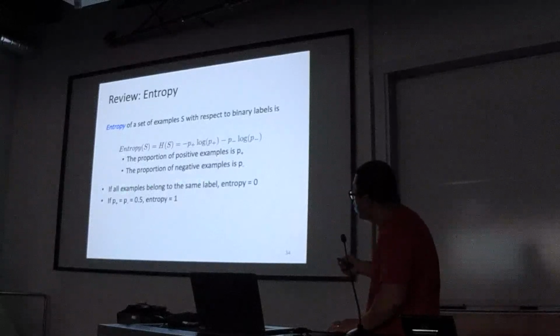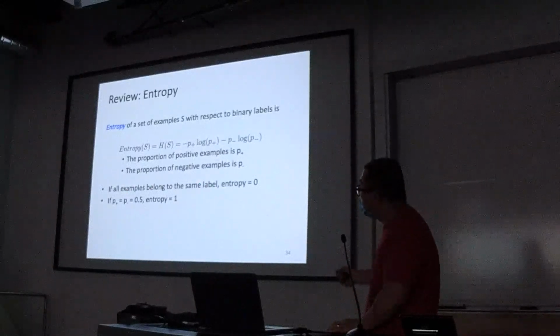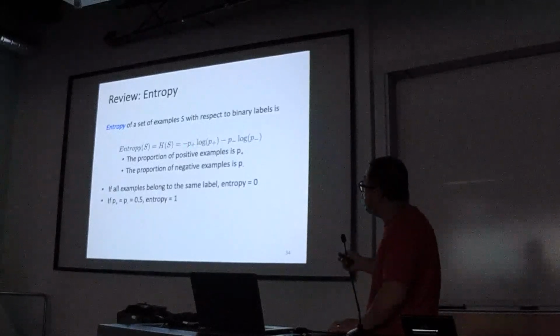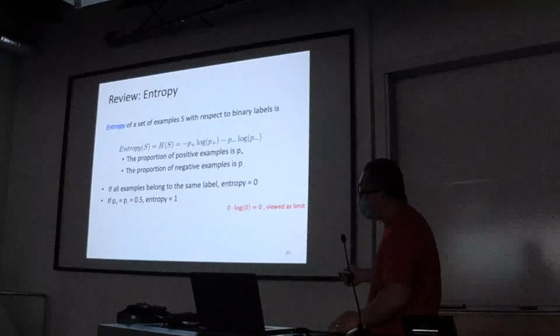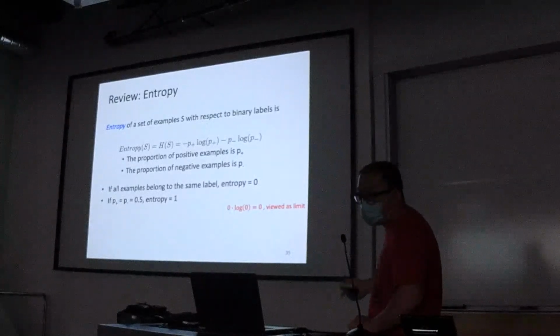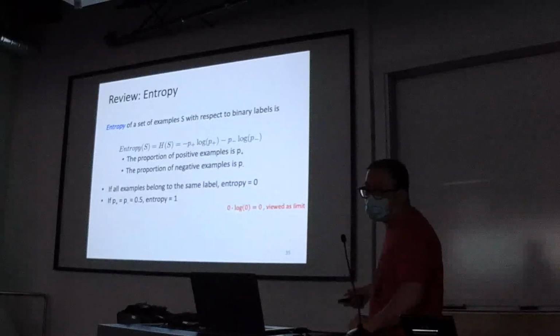If all the examples belong to the same label, the entropy is simply 0. For example, if P positive is 1, we know that minus P positive times logarithm 1 is just 0. But someone may be concerned about this term because it's 0 times log 0. Don't worry. Although if you just calculate at 0 it is undefined, in information theory people define this as a limit.